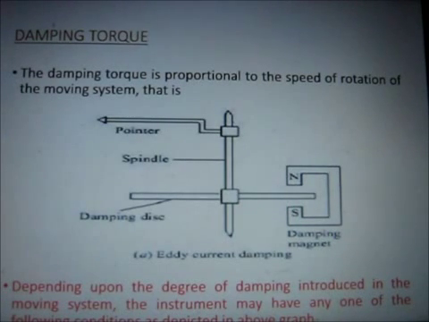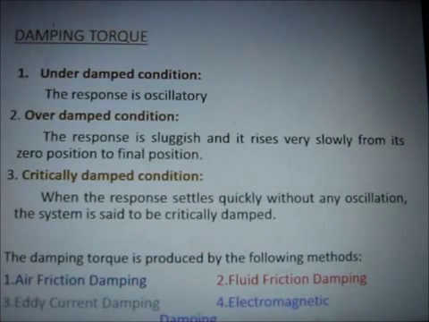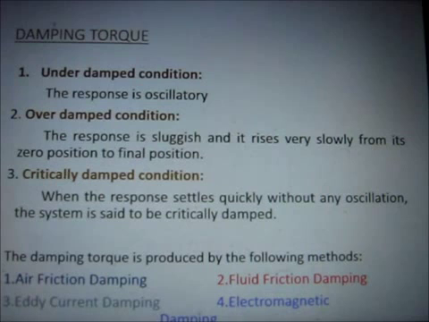Depending upon the degree of damping introduced in the moving system, the instrument may have one of the following conditions: it can be underdamped, overdamped, or critically damped. Underdamped is when the response is oscillatory, meaning the pointer moves from left to right, or from its main position to the maximum position, in an oscillatory motion.